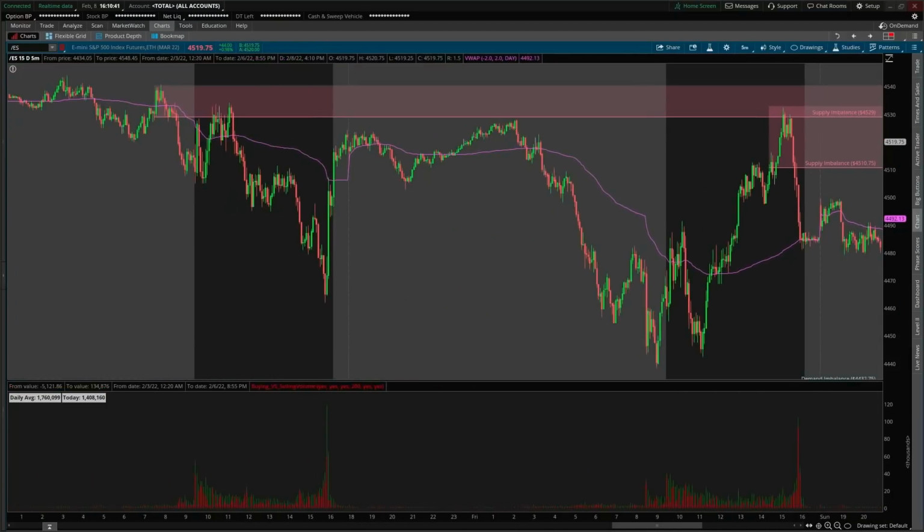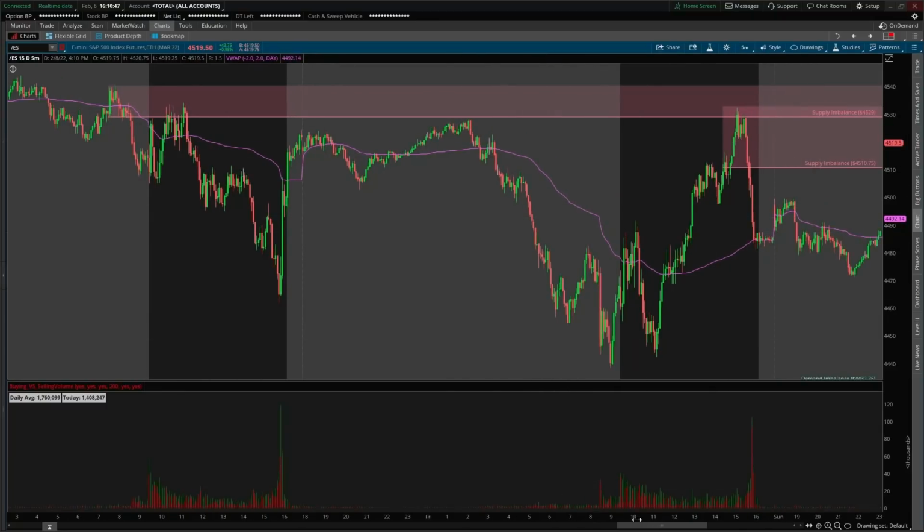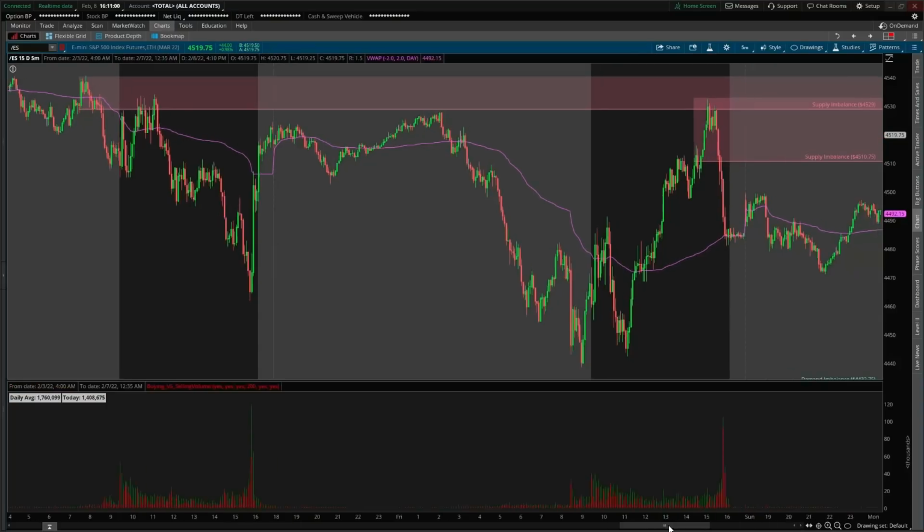So essentially what's happening here is new supply is forming because of old supply. And that gives us a very key clue to the auction because now new sellers are stepping in and showing responsiveness to an already existing area where we saw sellers step in. So now we have the supply equation definitely out of balance compared to buyers.